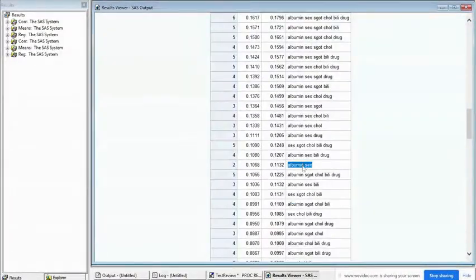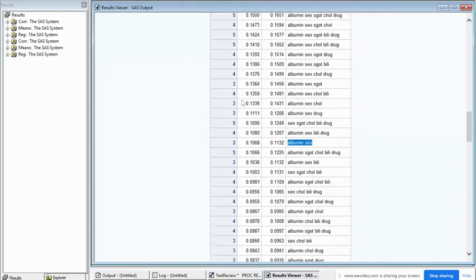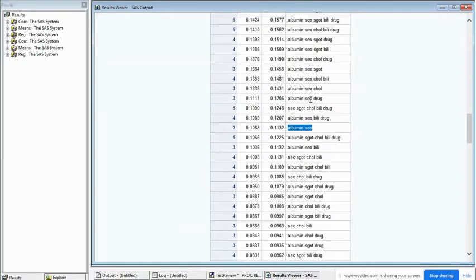So then we're going to go to the best three, including both of those two. So it looks like there's a 3 right there with it. And the highest 3 with albumin and sex is 0.1111. So we cannot add it.